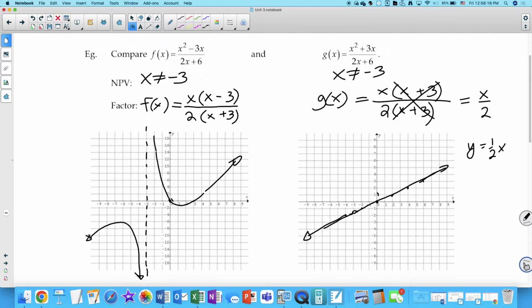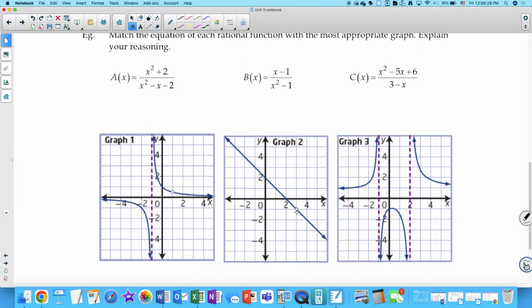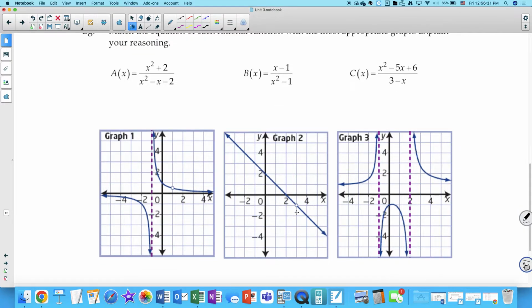Okay? All right. So the last thing we're going to do today is a little bit of matching. What we want to do is be able to look at these functions and, without technology, match one function to its graph. So where do you think we could start here?